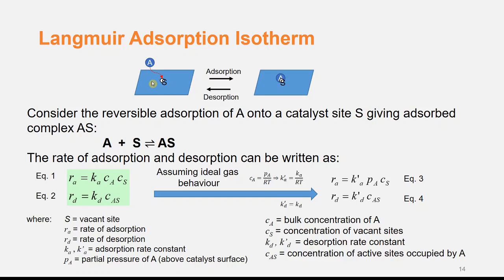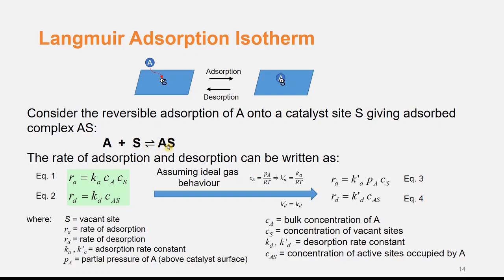So, if species A adsorbs onto the catalyst surface, we say that A reacts with a vacant site or vacant active site S on the catalyst surface and forms the product AS.